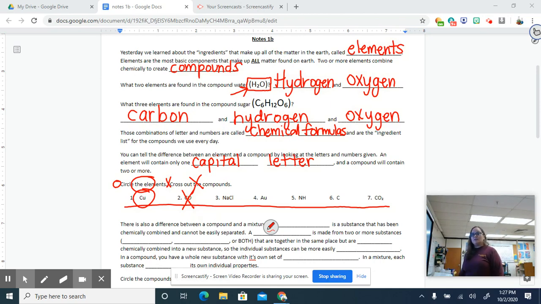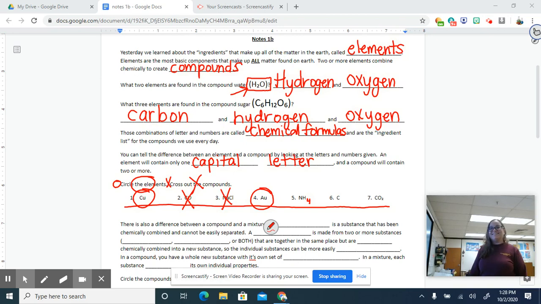All right, the third one. Do I circle it or do I cross it out? That's right, I cross it out. Do you know what it is? Good job, salt. Excellent. All right, what about number 4? Circle it. Do you know what it is? Gold. You remember from the other day. Good job. This actually is a typo. It should be NH4.